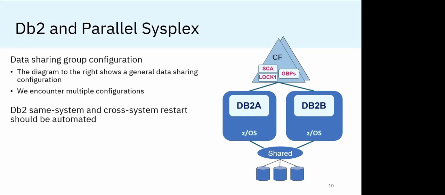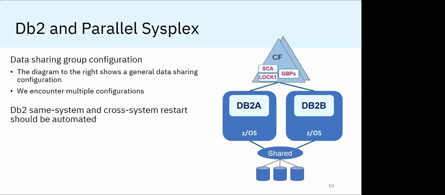The diagram to the right is just a general data sharing configuration, very basic, not a lot going on, but that is what you can consider a data sharing environment with your SCA, lock one, group buffer pools, 2 members, and we definitely encounter multiple configurations.